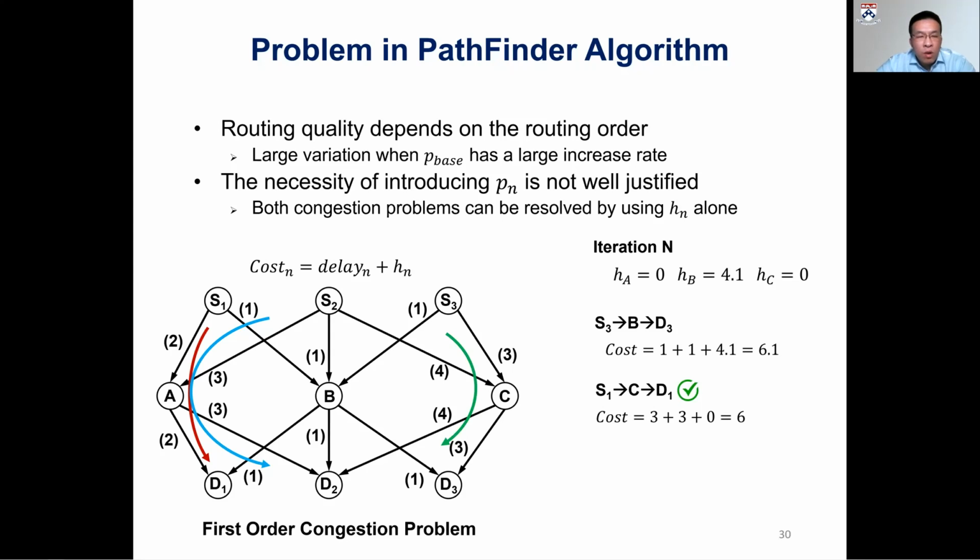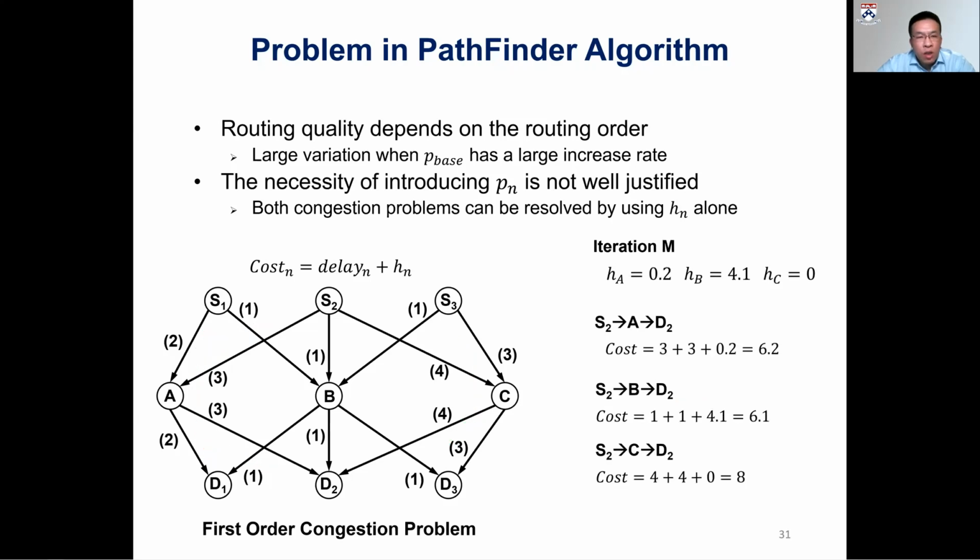We have an overutilization of the node A, and this increases HA. And when HA is large enough, we can see that S2 to D2 will be routed through node B, and S1 to D1 will be routed through node A, and S3 to D3 will be routed through node C. So using Hn alone can resolve the first-order congestion problem.